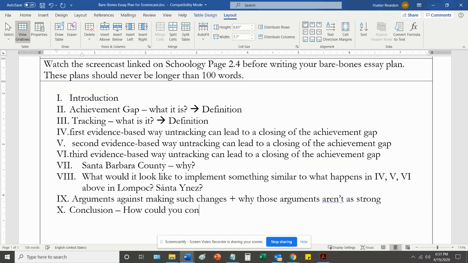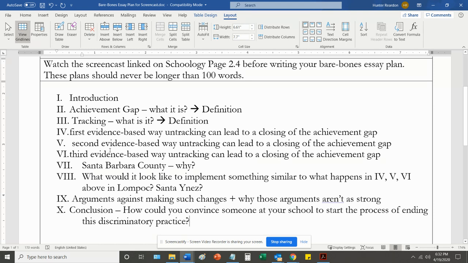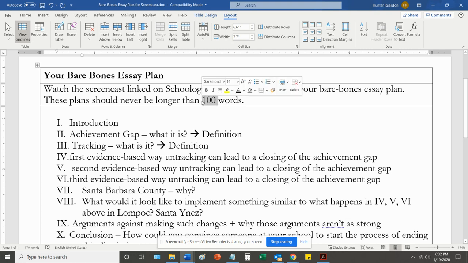How could you convince someone at your school to start the process of ending this discriminatory practice?